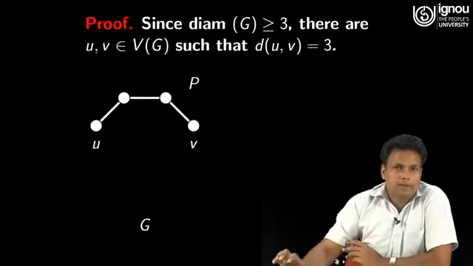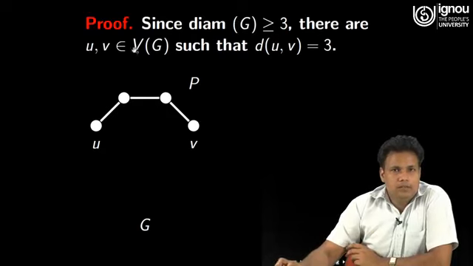So, let us pick any two vertices U and V in G such that the distance between them is equal to 3. So, let P be a shortest UV path of length 3.